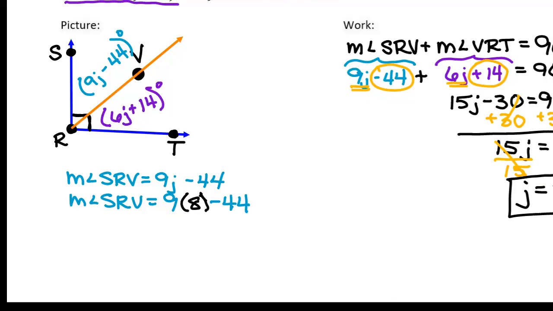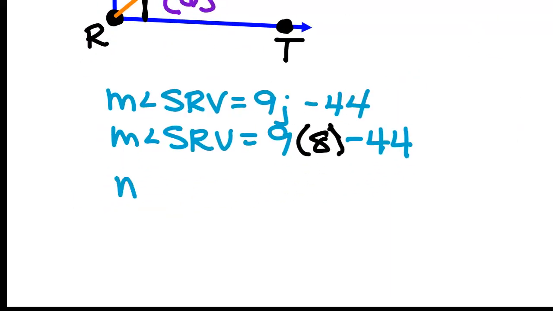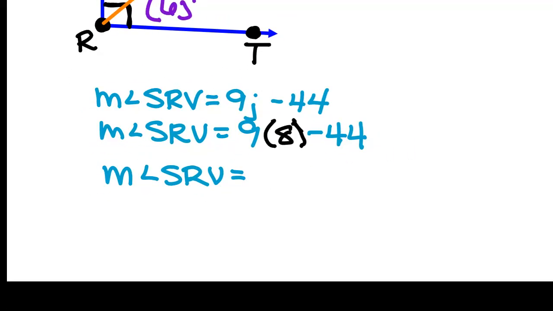I know that 9 times 8 is 72. And then 72 minus 44 would give me what? What is 9 times 8 minus 44, or 72 minus 44? 28. So this is 28 degrees.